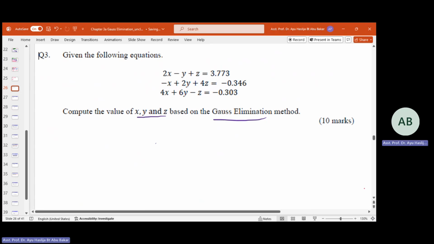Usually in the final exam, you will be given this kind of algebraic method, then you will need to solve it either using matrix or iteration, or both. First step, convert it into matrix form.